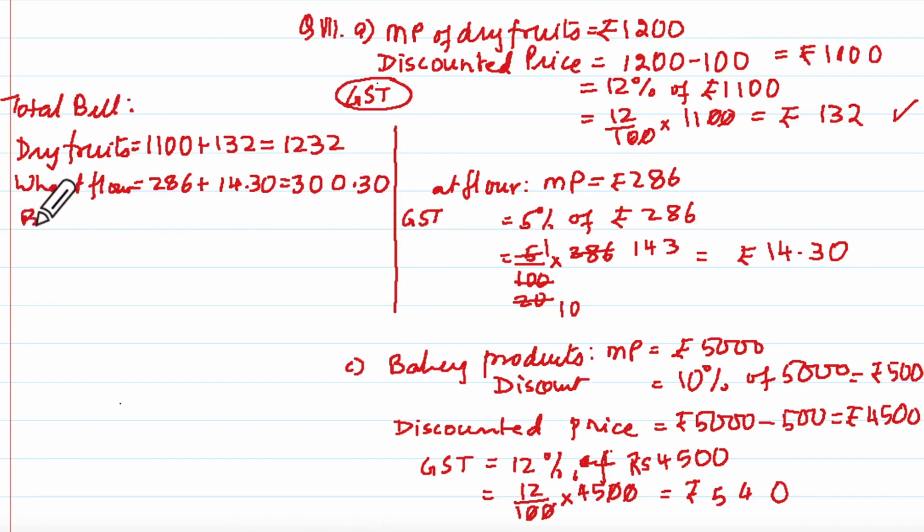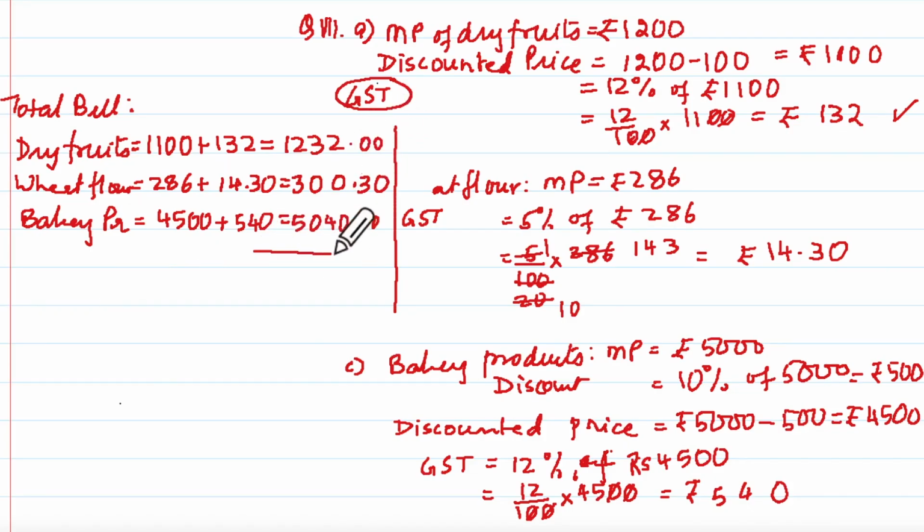Okay, then bakery products will be 4500 plus 540 equal to, and that will be how much? 40 here, and 5 and 5, 10, so 5040.00.